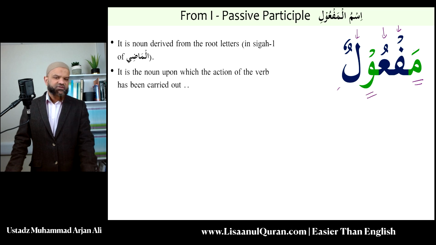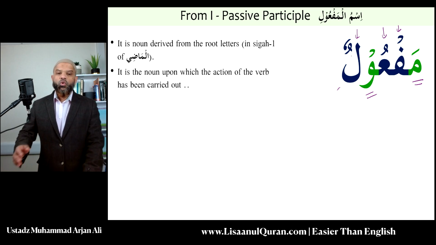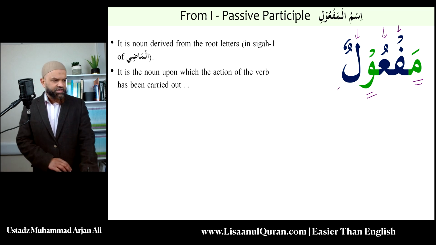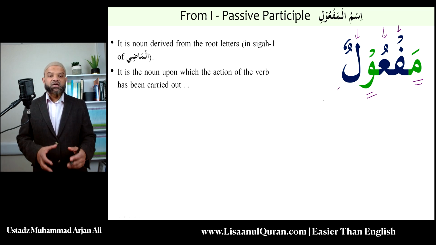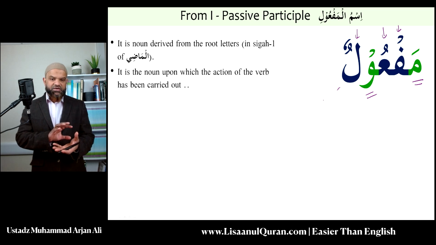So the meem takes a fatha, the first root letter takes a sukun, the second root letter takes a dhamma, the third, which is the addition, waw, before the third, I mean, and then we have the lam, which is at the end. Of course, it can be un and in, depending on the i'rab that we need. So this is the pattern, maf'ulun. It produces the person or the being or the thing upon which the act of the verb has been carried out.